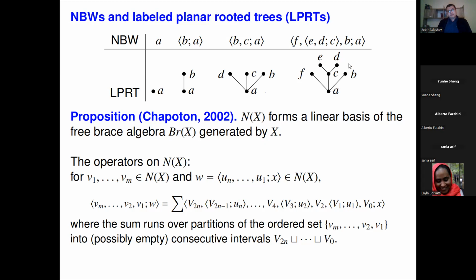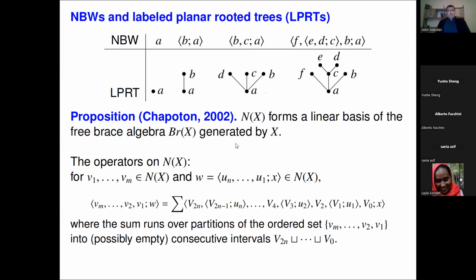The right one is b. The middle one is again a bracket, so it's in brackets, a kind of subtree. And the left one is f like this.